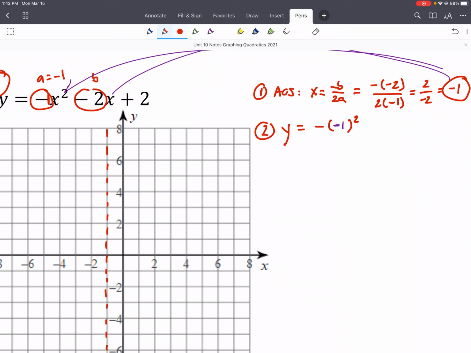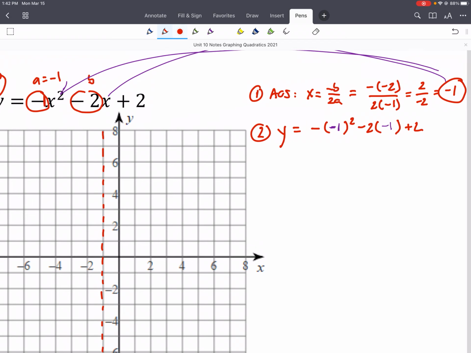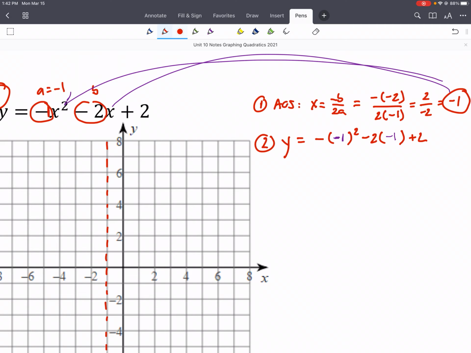And we'll square it, and then we'll do minus 2 times negative 1 plus 2. Again, I would maybe just use your calculator to figure it out. That's what I'm going to do right now. If you have questions again how to do that, please just let me know. And we end up getting 3.